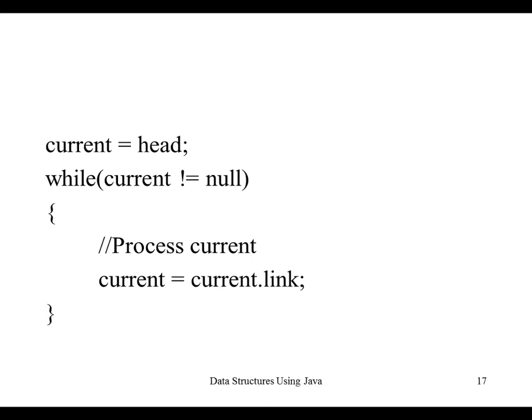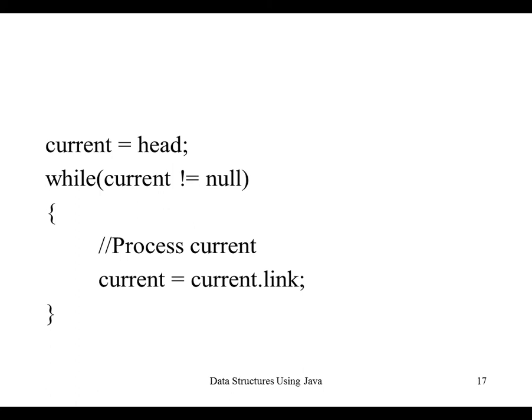Then we have a loop while current is not equal to null, because our current will have to move from the first node up to the last node. So we have while current is not equal to null, then current equals current.link. This will move the current node to all the nodes.